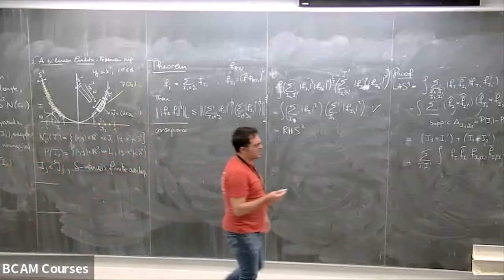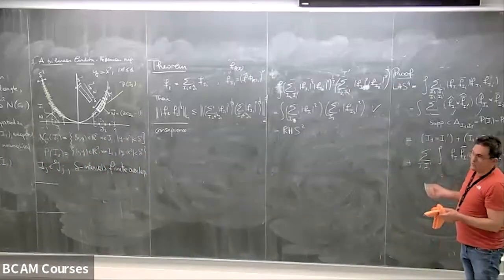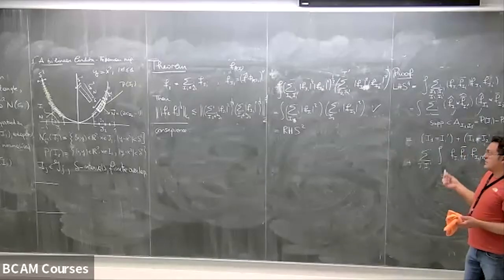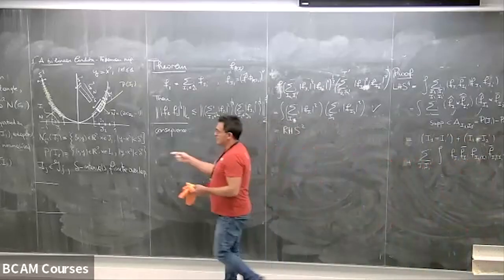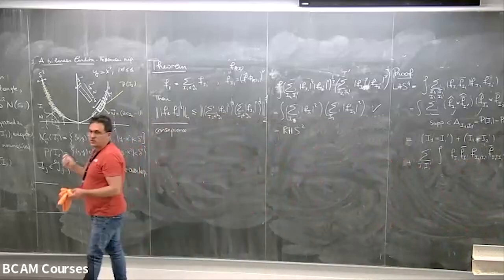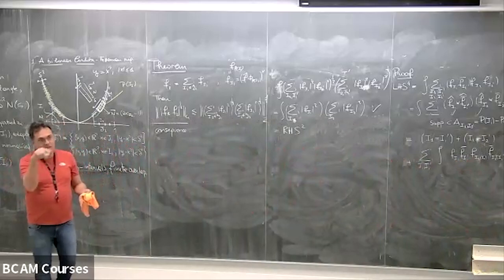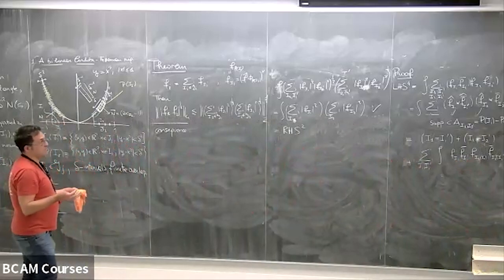I'm just going to say that you can repeat the same proof for the circle. The algebra is slightly different because you don't have this nice feature of the paraboloid that W over V is less than that, but the logic is the same.